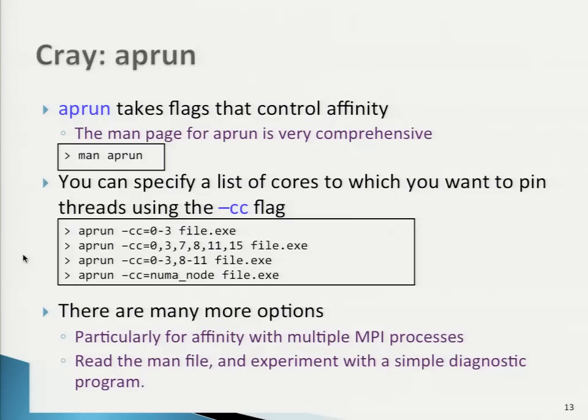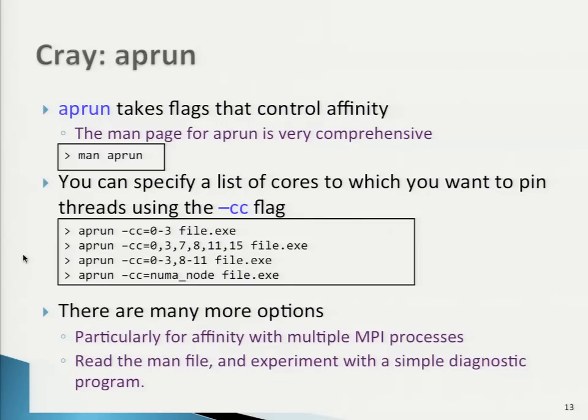But if we just want to have a little look at running a simple OpenMP application, I'm going to look at the -cc flag. And -cc is very similar to the CPU bind in that you give it a list of cores on which you want to have affinity. Now you don't have to set any environment variable, because APRun will automatically assign affinity.